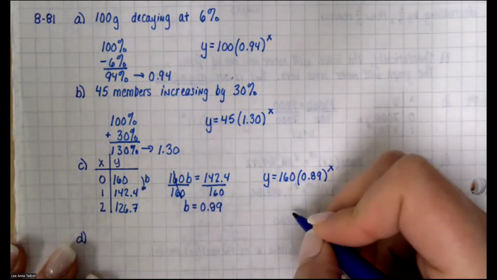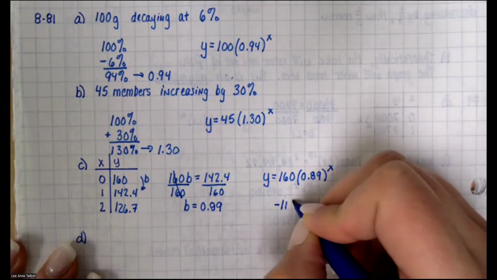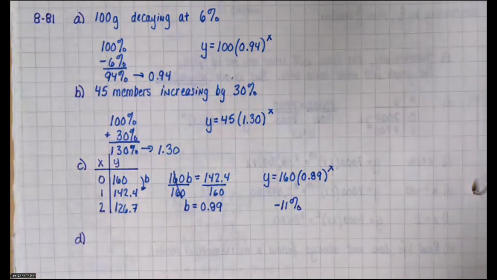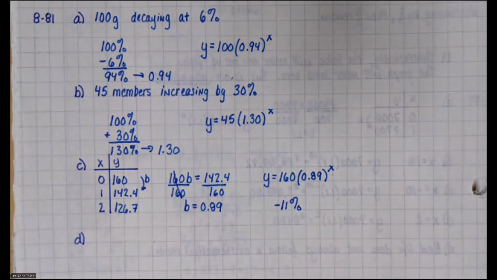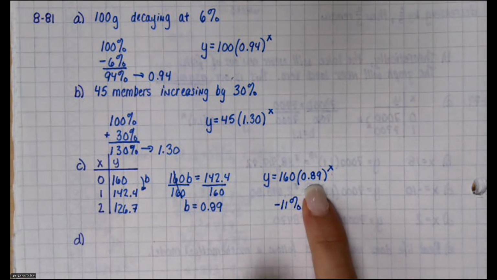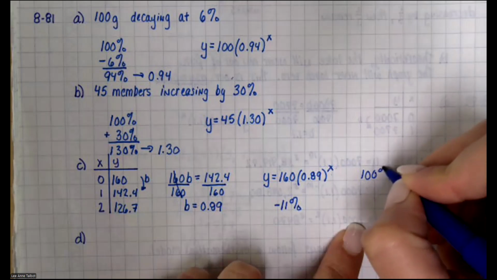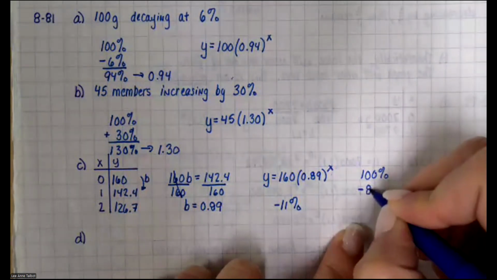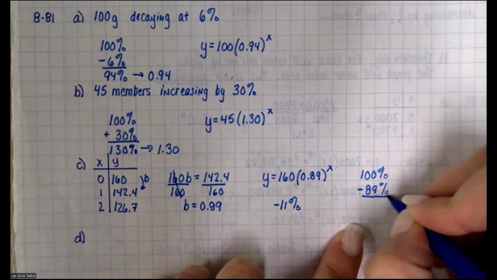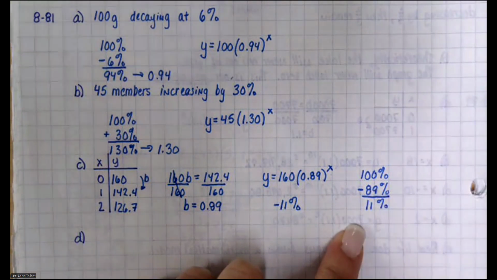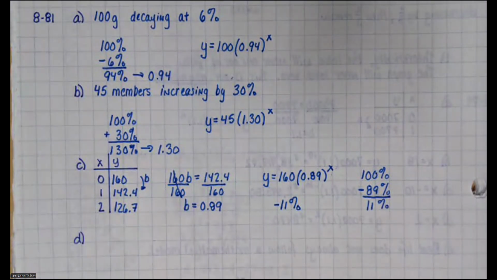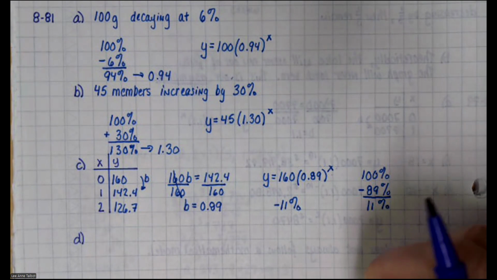Negative 11%, because that's what gets to 100%. And I just put the negative on there because it's going down each time. You could write negative 11%, or you could write 11% decrease.